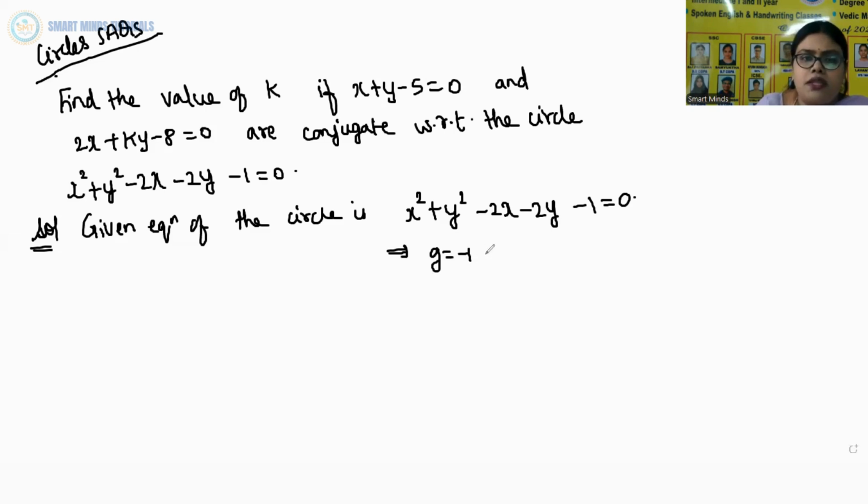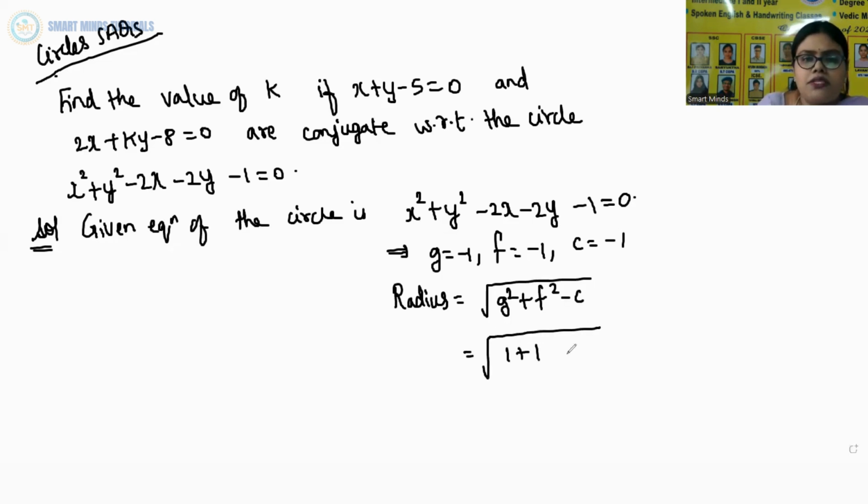So g is minus 1, f is minus 1, c is minus 1. After getting g, f, c we will find the radius. Radius is root over g square plus f square minus c. Root over 1 plus 1 minus c, and c is minus 1. Minus of minus will become plus 1. That is root 3. So we got the radius as root 3.